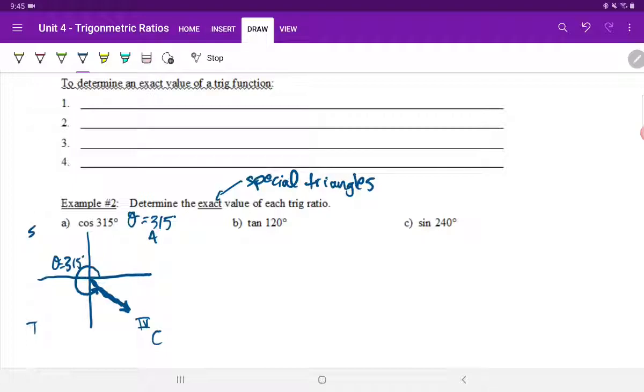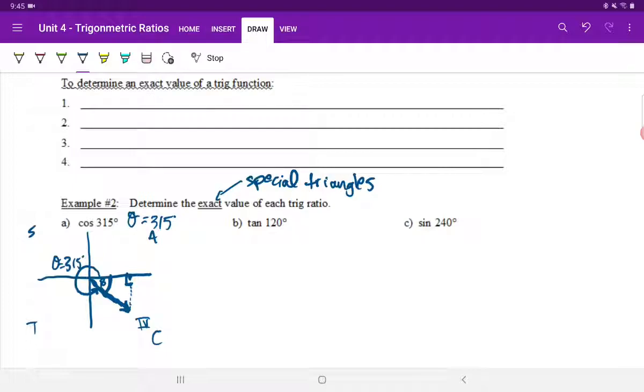In order to figure out our exact values, we have to make some sort of relation to a special triangle. So if I were to draw a right angle triangle here, and I were to find my beta, my related acute angle, maybe it'll be an angle that exists in a special triangle.